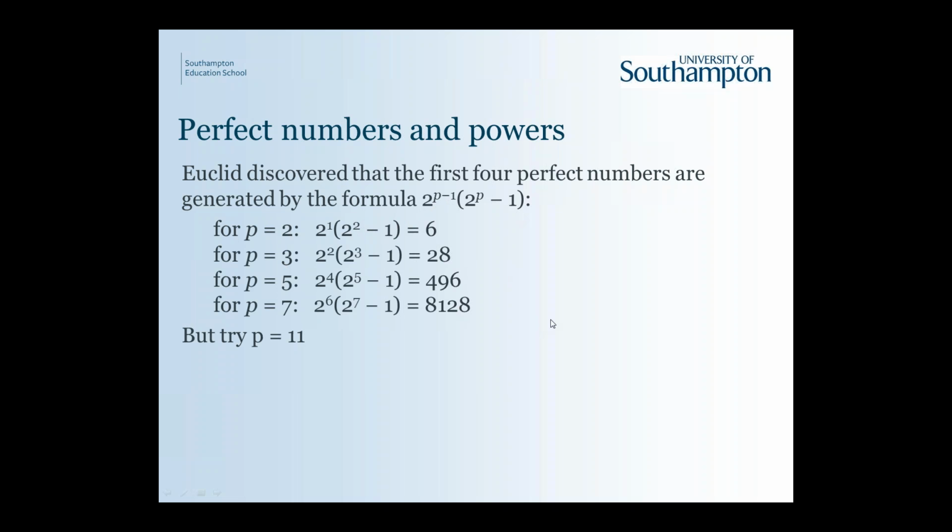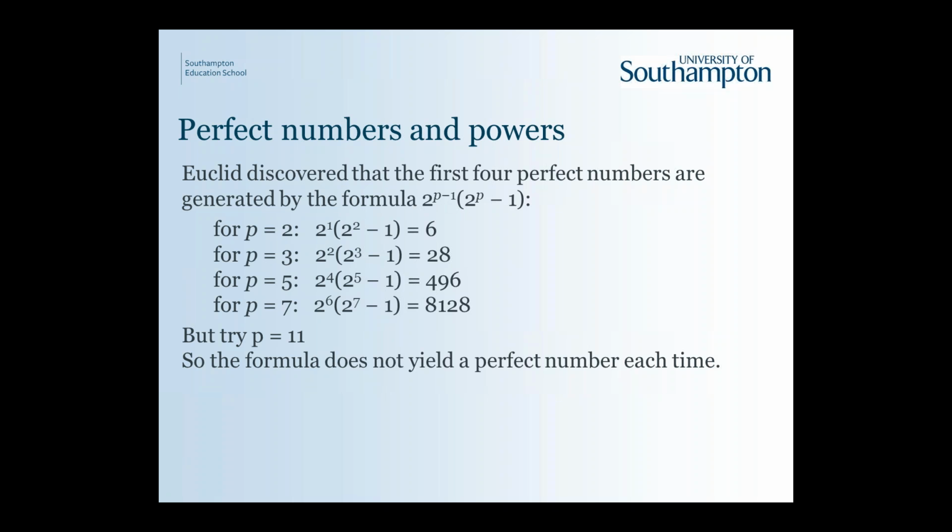So you then must have thought, brilliant, this is absolutely great, try P equals 11. Unfortunately, if you put P as 11 in, you get 2 to the 10, which is 1024, and 2 to the 11 is 2048, minus 1 is 2047, times 1024, and that is not a perfect number.